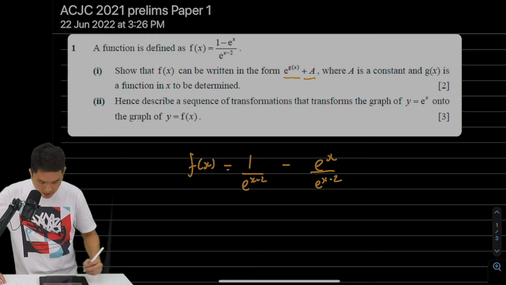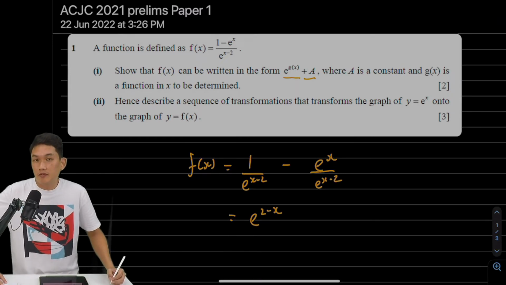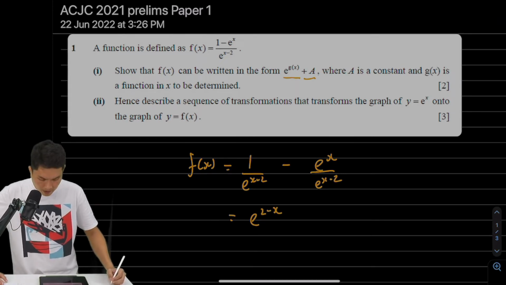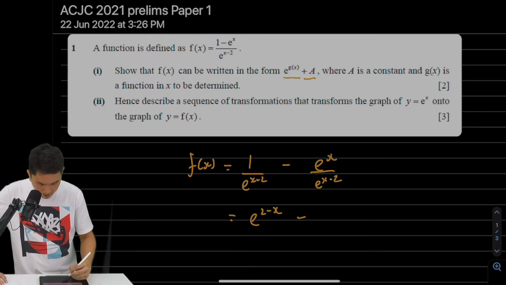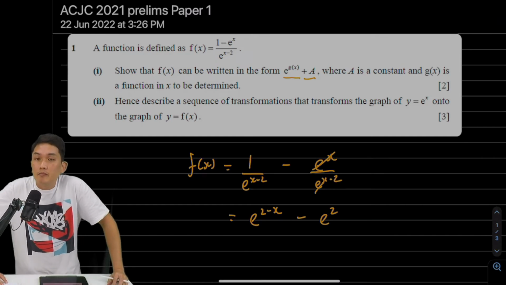Then the next step, we can flip the first term upside down from denominator to numerator, if we multiply the index, the power, by -1. For the second one, we can divide throughout by e to the x so that we get e squared, also flipping it up to the numerator by multiplying the powers by -1.